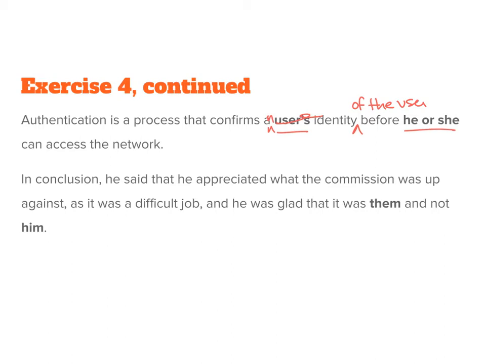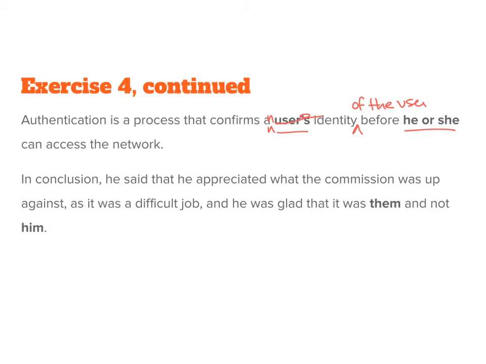I'll let you know that this error was brand new to me. This is not something that I had really thought that much about. And honestly, most people would probably read the sentence and not see any issues with it. So this is one of those prescriptivist rules that you want to be conscious of. But again, you can opt to edit according to the rhetorical situation. So be aware of it, but maybe consider where and when it's appropriate to edit for this.